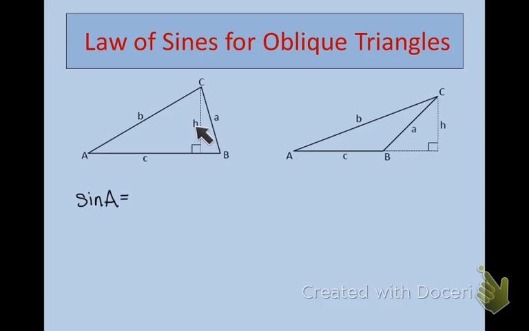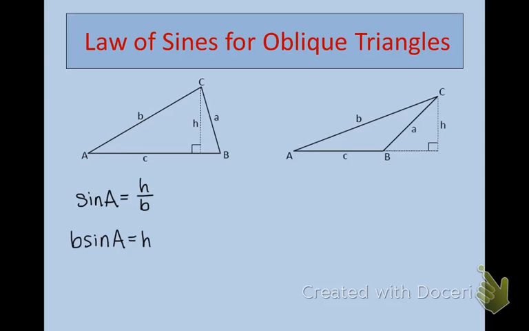Sine is opposite over hypotenuse, so H over B. Notice that means B times the sine of A is equal to the height.